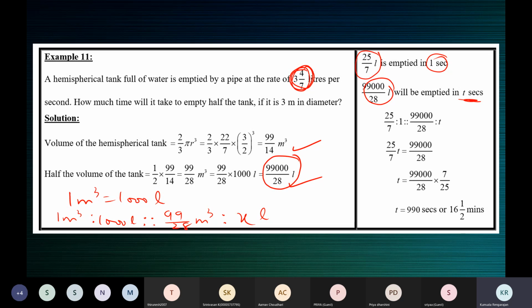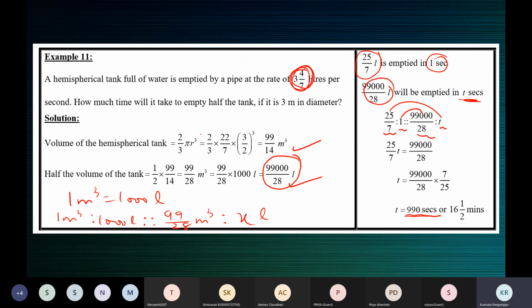I've just used the proportion there. 25 by 7 liters in 1 second, so many liters in how many seconds? Product of extremes, 25 by 7 into T is equal to product of means. Work that and find the value of T. You get 990 seconds, which is nothing but 16.5 minutes, or 16 minutes and 30 seconds.